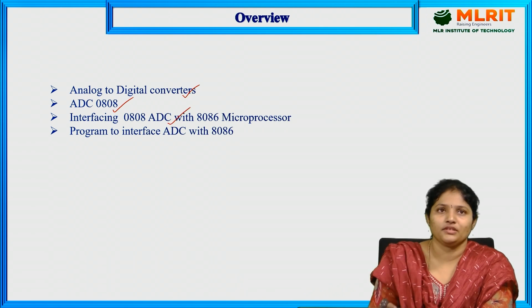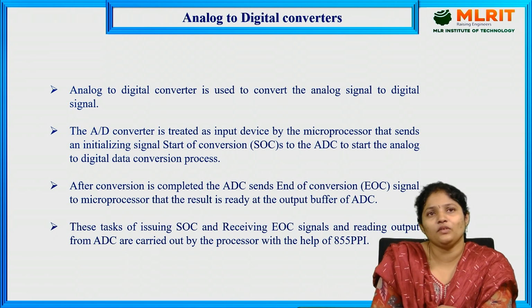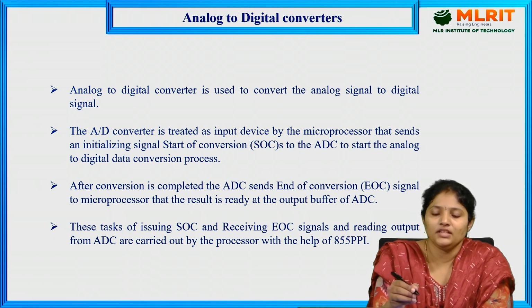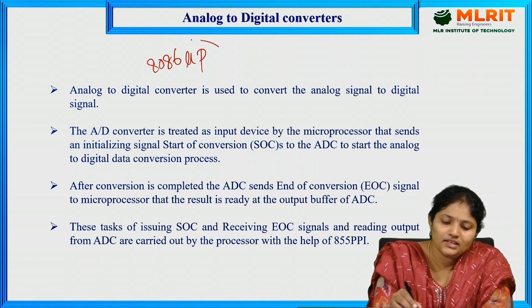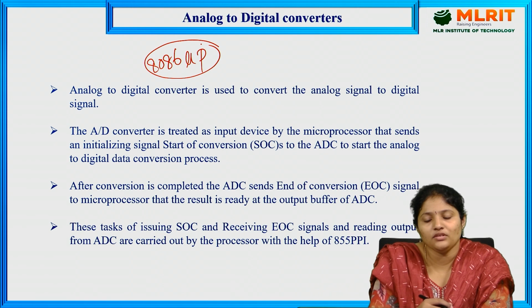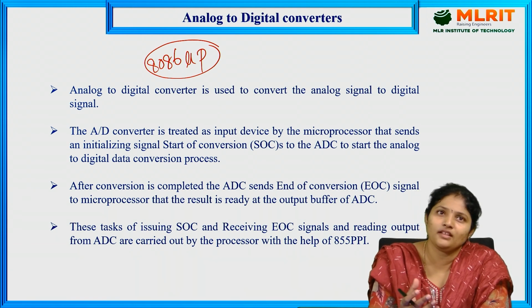8086 microprocessor. So coming to the analog to digital converters, why do we need to convert analog signal to digital signal? Because here we are using the 8086 microprocessor, and microprocessors or CPUs always deal with digital data. Normally the data in natural form is analog.